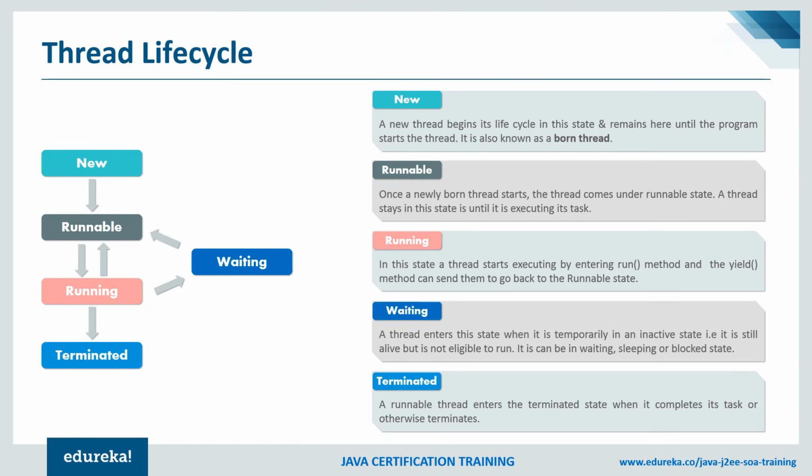From runnable, it enters into the running state and it keeps on running till the song is finished. That's like the terminated state. In between, you just go for the pause. That's where your thread is doing a wait operation. When your song is automatically finished or you stop the song, that is the terminated state. So this is just an analogy of how the thread is going to work for us.